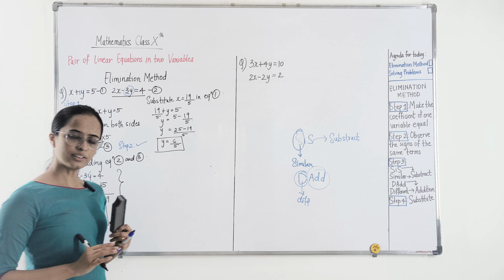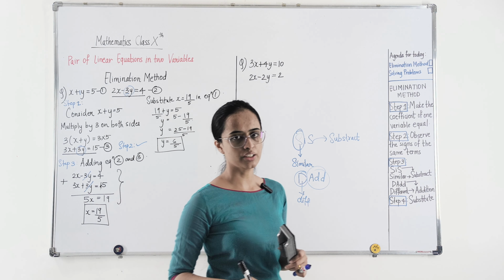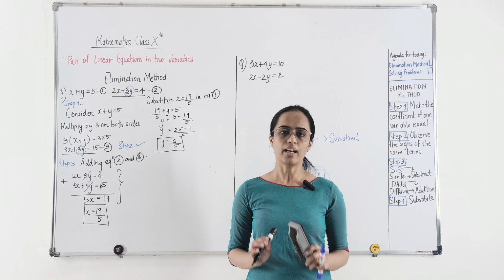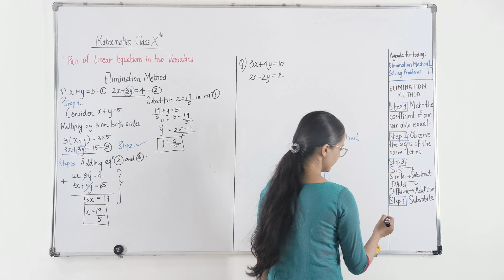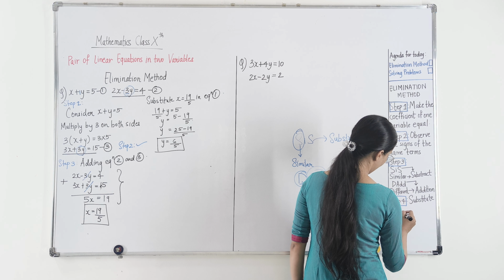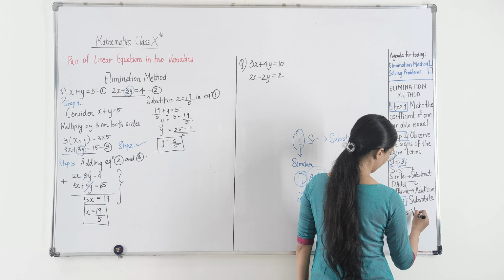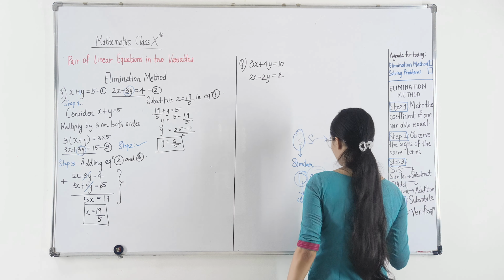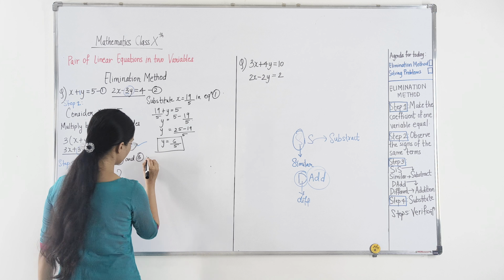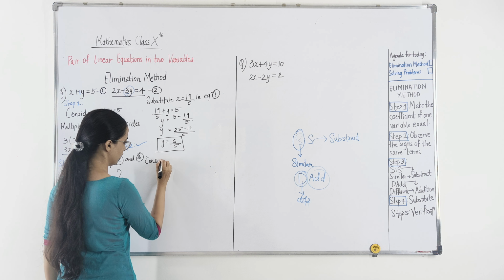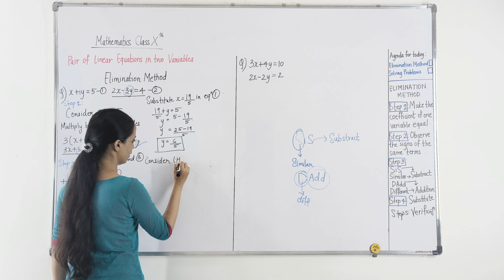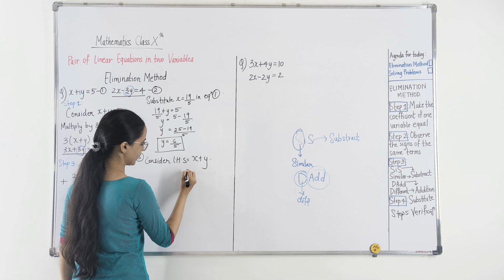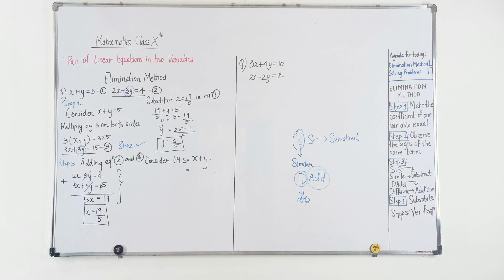Now, since we are again finding the solutions for the given system of linear equations, the last step over here would be step number 5, and I am pretty sure that you all would know that it is the step of verification. So now let's verify. You would consider the LHS, which is x plus y.